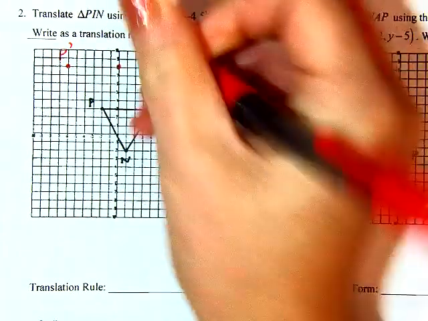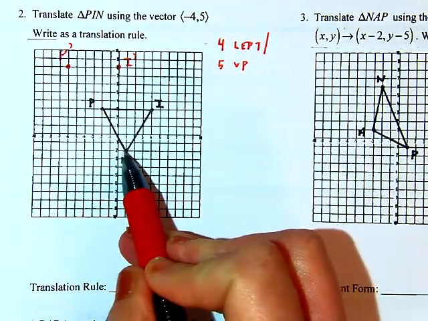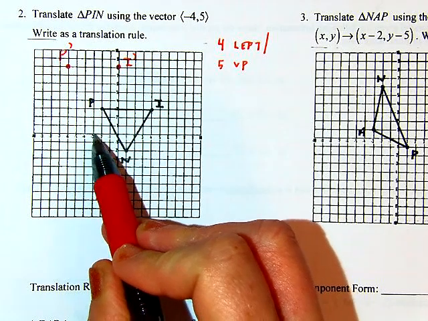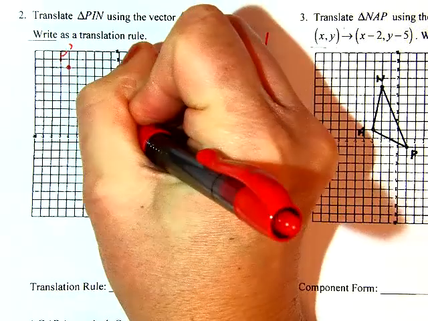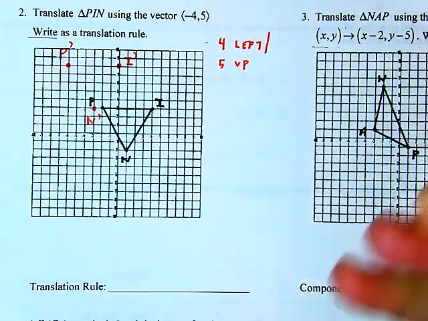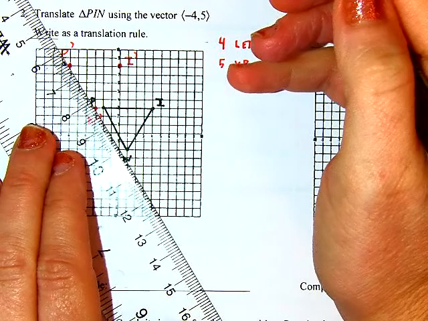So here is I prime. Okay, with N, 4 left, 1, 2, 3, 4, up 5, 1, 2, 3, 4, and 5. So here's my N prime. And then I'm going to take my ruler, take my straight edge, and connect those dots.